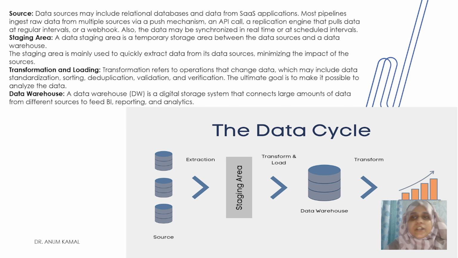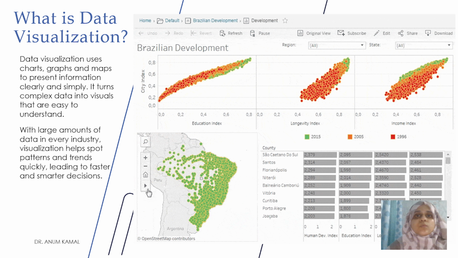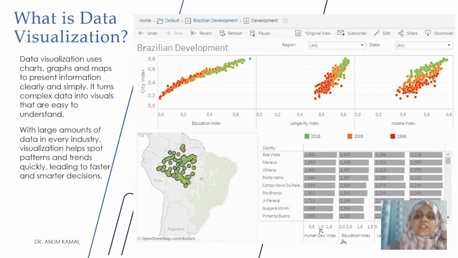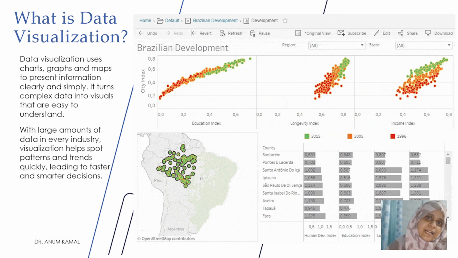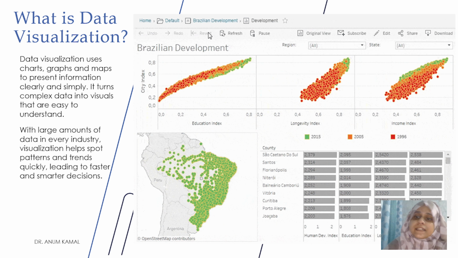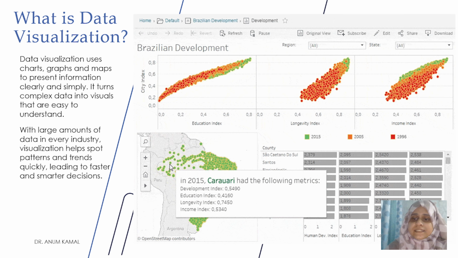Now I'm moving on to our main topic, that is, what is data visualization. Data visualization is a graphical representation of information and data. By using visual elements like charts, graphs, and maps, data visualization tools provide an accessible way to see and understand trends, outliers, and patterns in data.